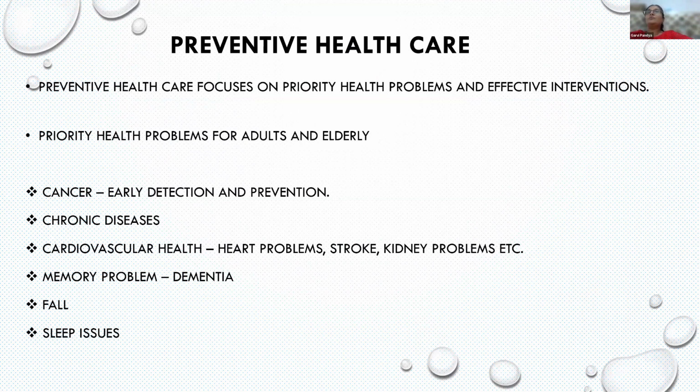Usually we have a huge emphasis on preventive healthcare, particularly in primary healthcare settings. Why are we mainly focusing on preventive healthcare? Just because we want to detect the disease early and reduce the complications as much as we can. And usually for adults, our focus will be on cancer, chronic disease, cardiovascular disease, dementia, and falls.